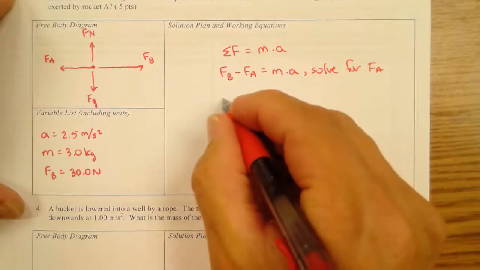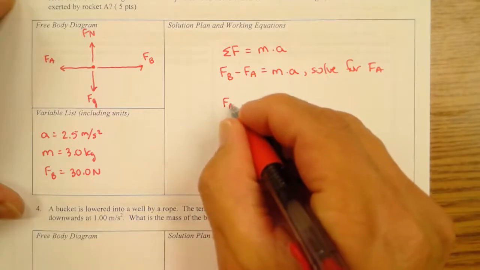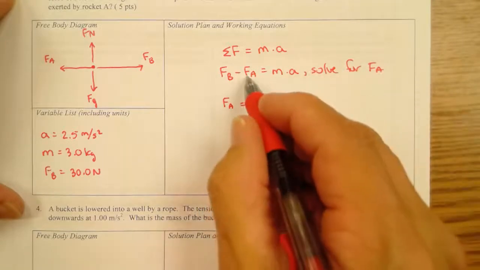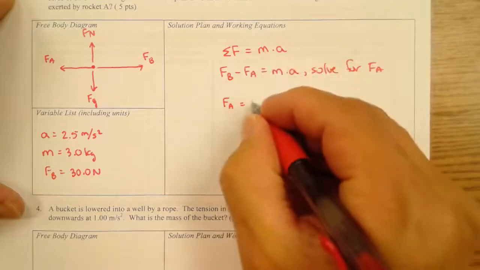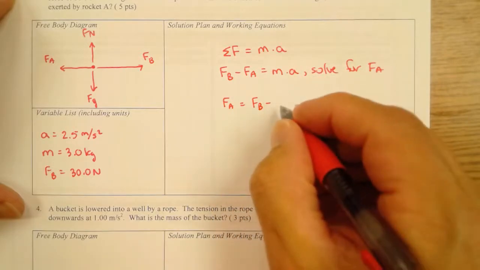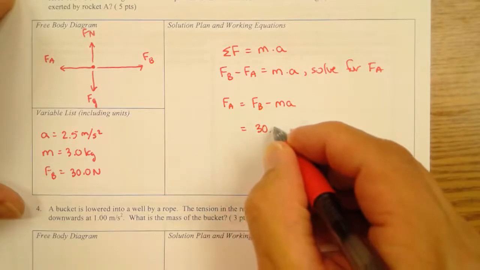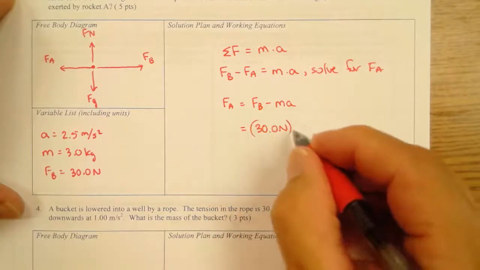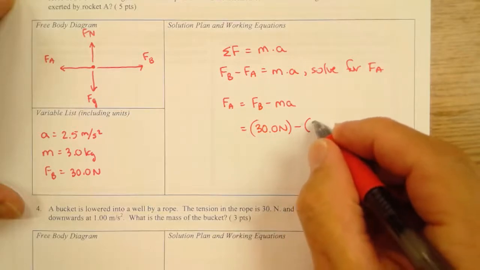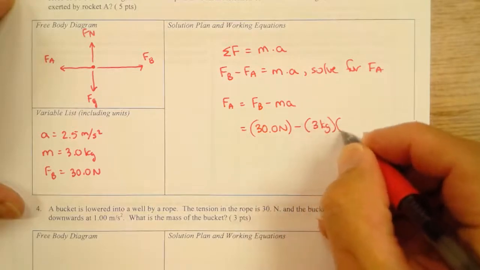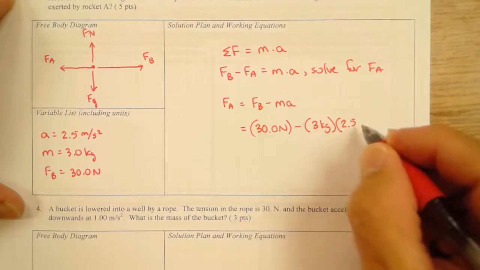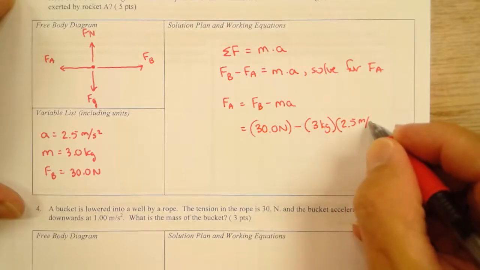So in this case, when I bring this to the other side, I'll get F of A equals F of B minus MA. That's going to be 30 newtons minus the mass, which is 3 kilograms, times the acceleration, which is 2.5 meters per second squared.